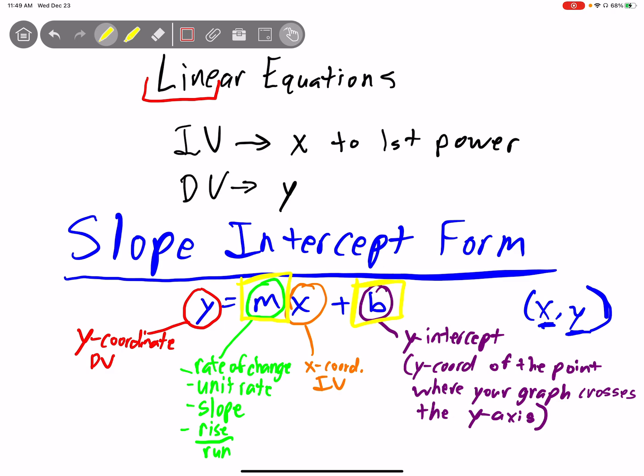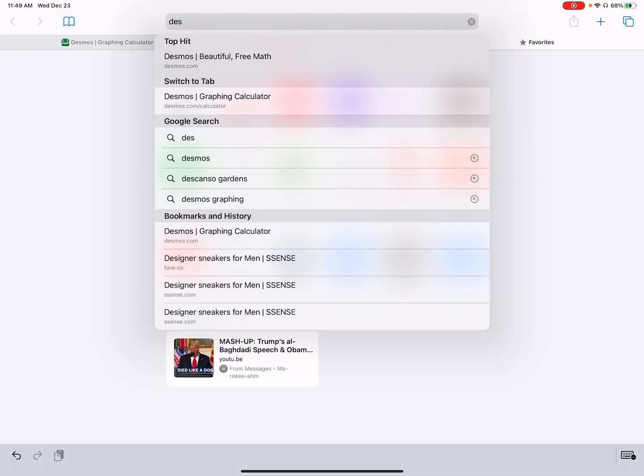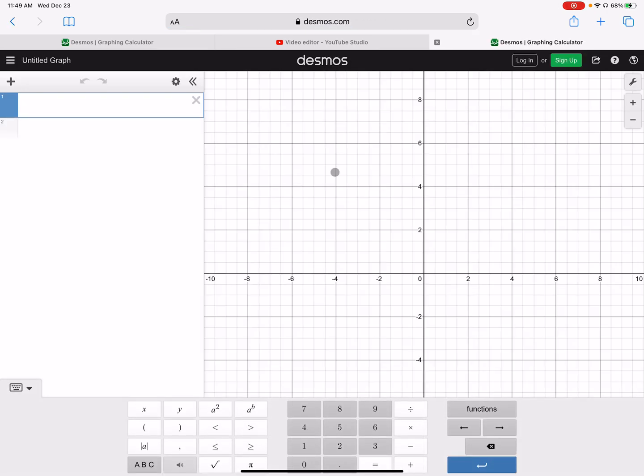So let's look at a graph. Let's go to Desmos, graphing calculator. Let's say that we have y equals 2x plus, let's do 0 first.